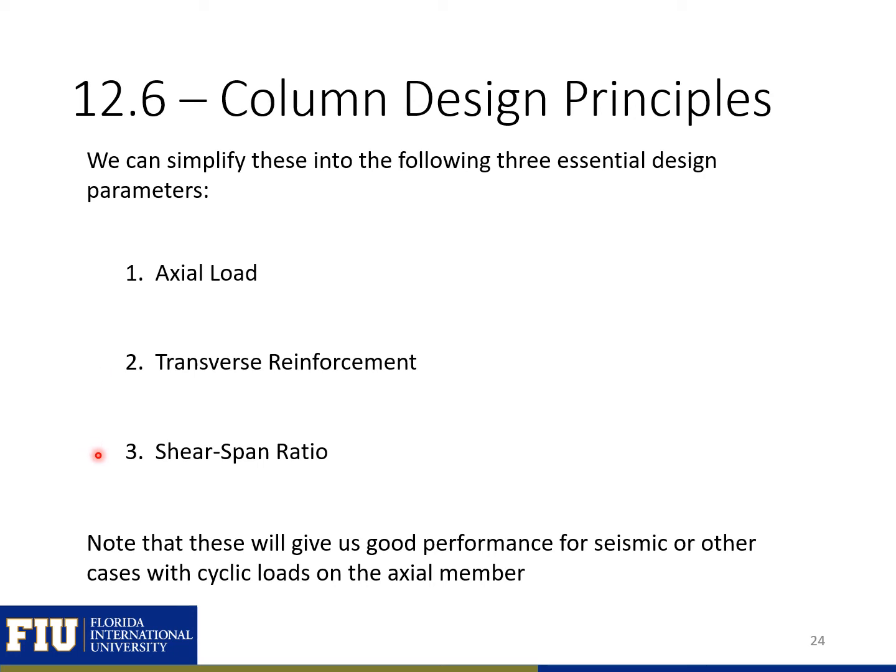And then also the shear span ratio, which is a measure of the length of the column compared to the depth of the section. So we're going to look on the next couple slides at how we can design using these 3 parameters to come up with a column that's resilient and can resist cyclic loading.